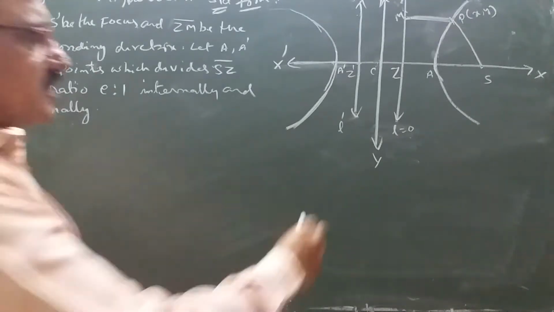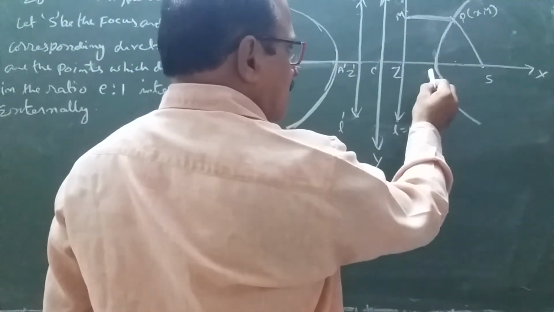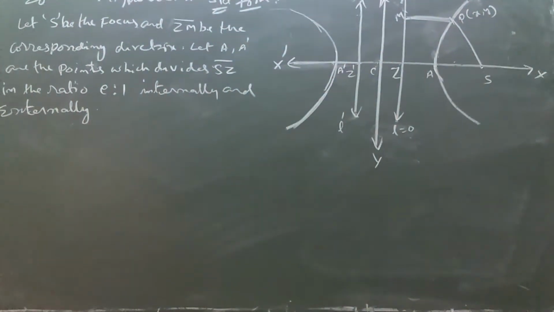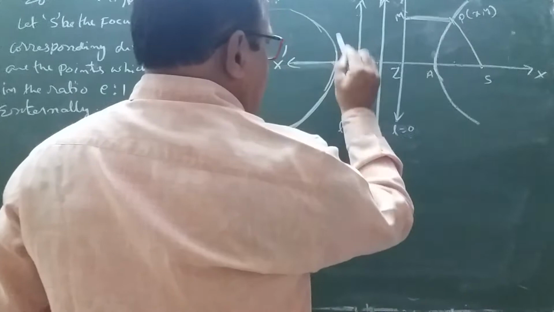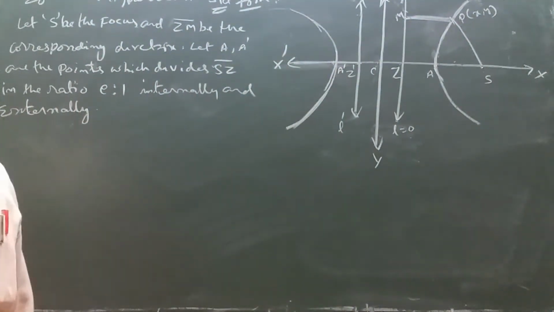Okay, that means SZ is divided in e:1 by A and A dash, internally and externally. The external point is A dash and the internal point is A.